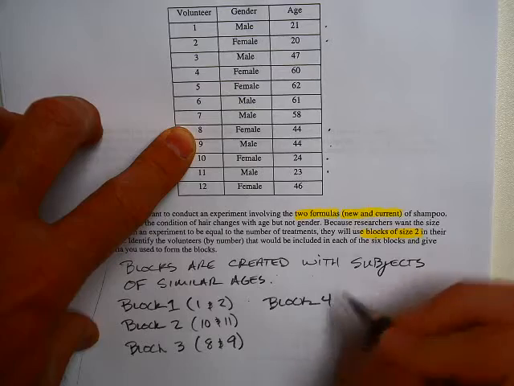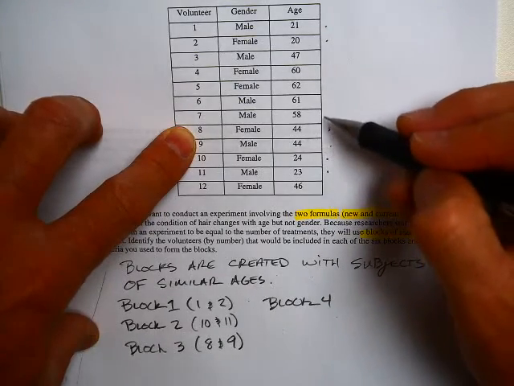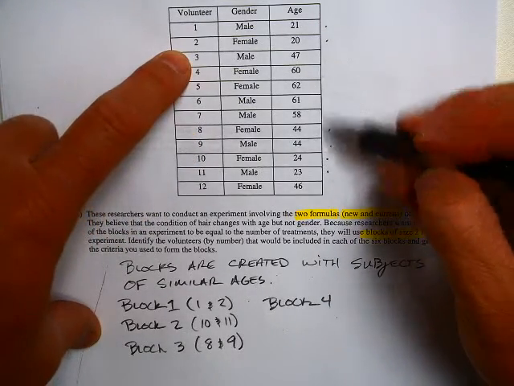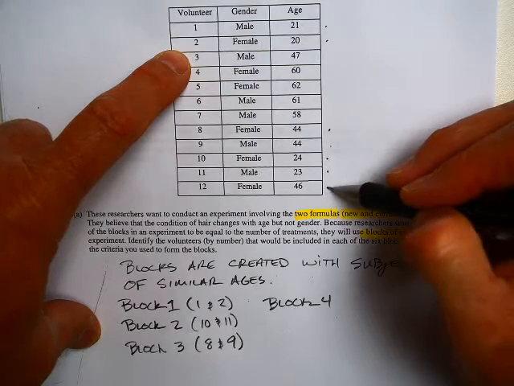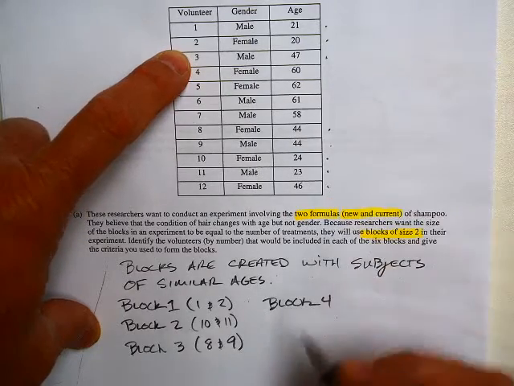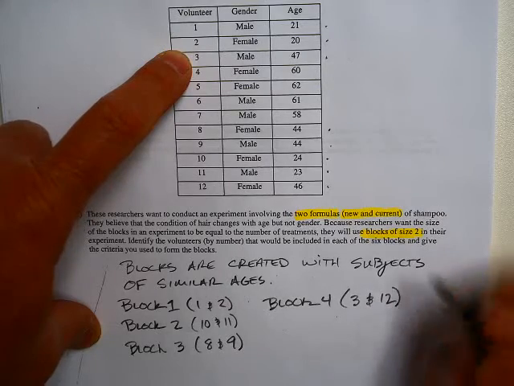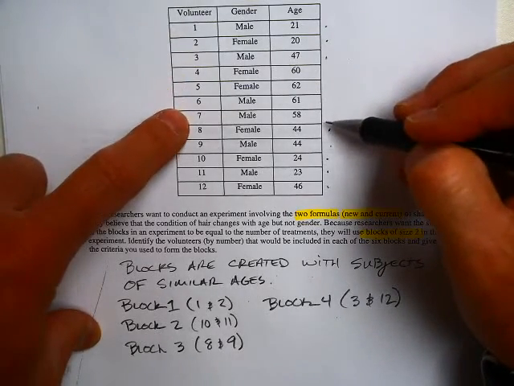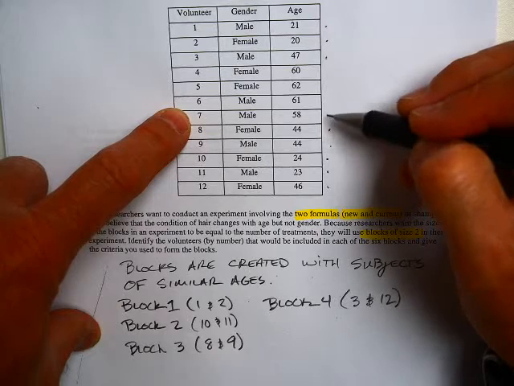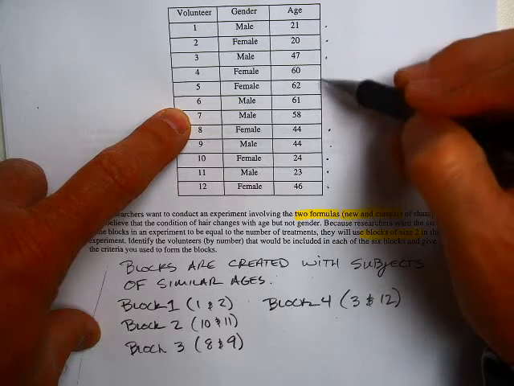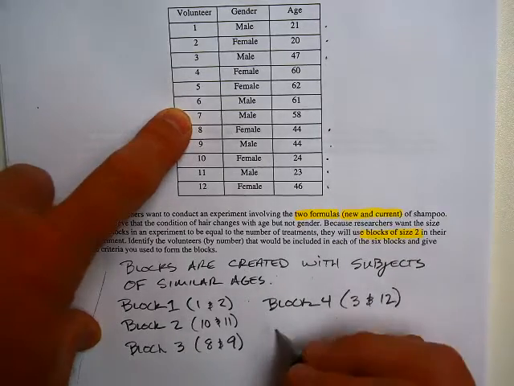Block 4. I've got a 47 and a 46, so that's going to be 3 and 12. And then let's see, what do I have? I've got a 58 and a 60. Those are my next ones.